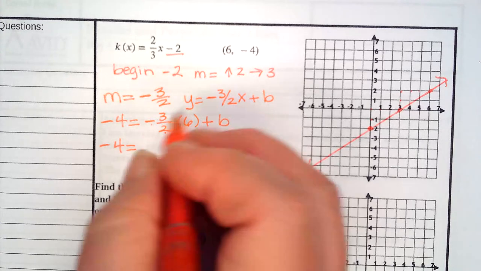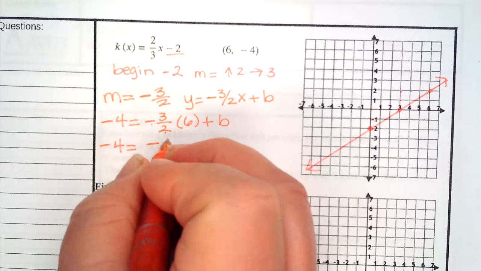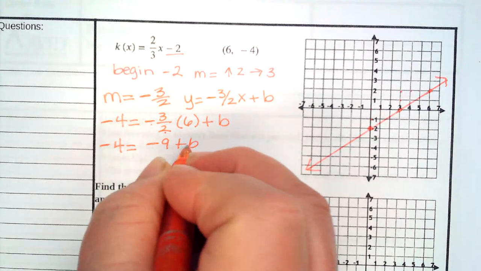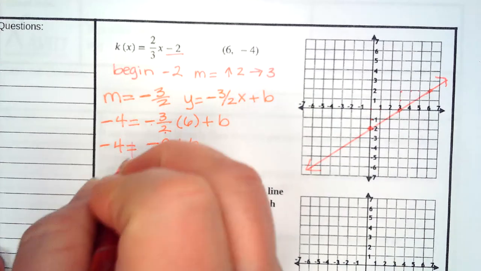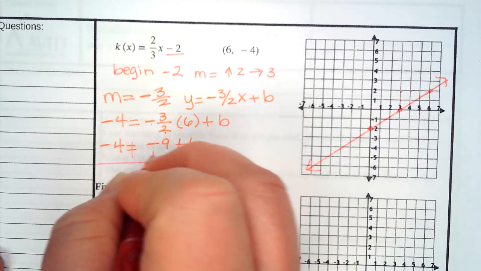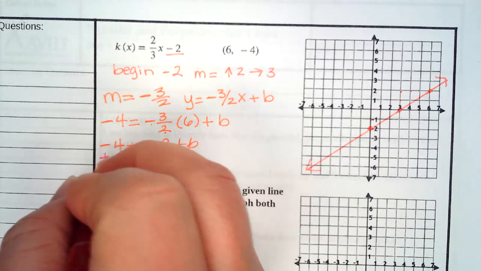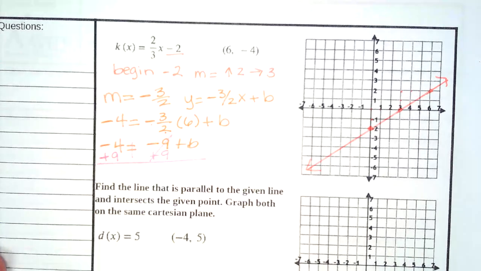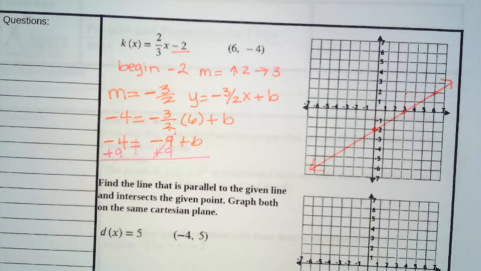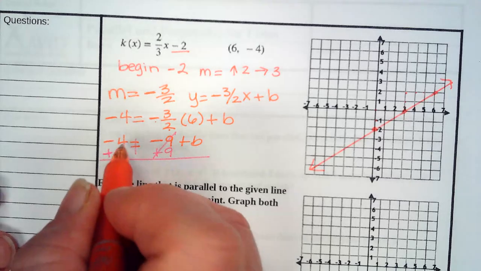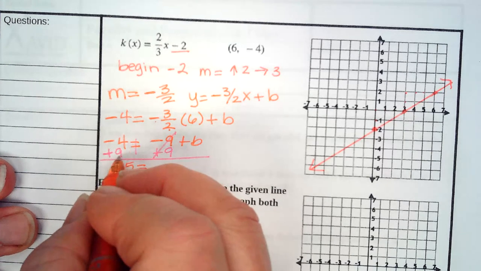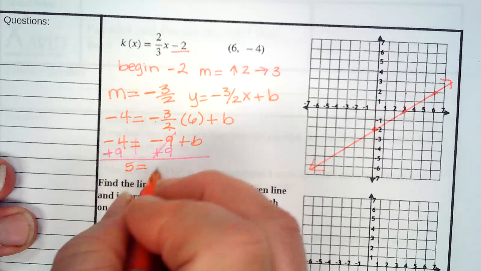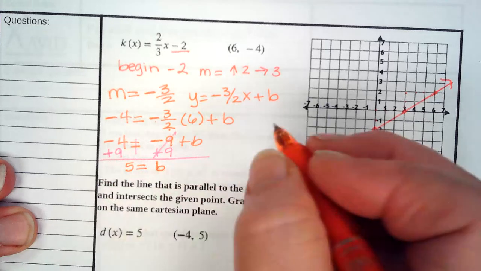Negative 3 times positive 3 is negative 9 plus b. I can now solve for b by adding 9 to both sides. These are opposite symbols, so I subtract. 9 minus 4 is 5. 9 is positive, so 5 is positive, plus b.